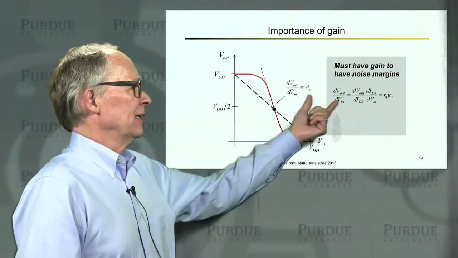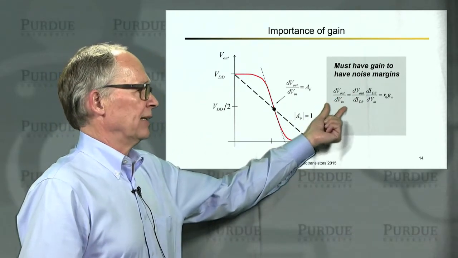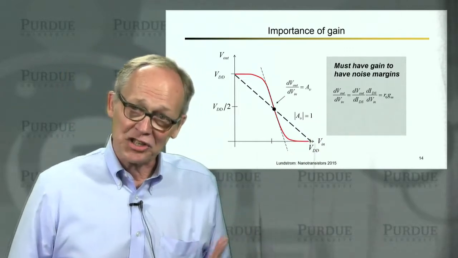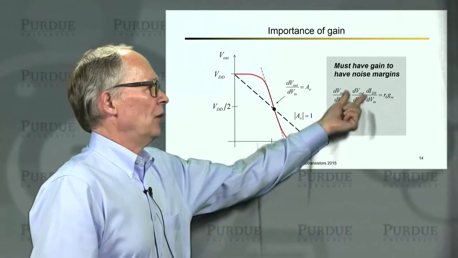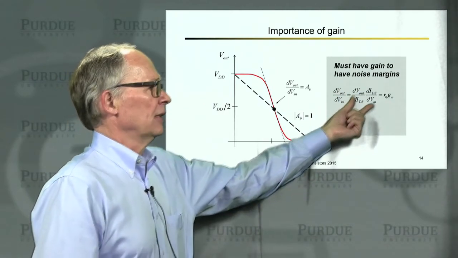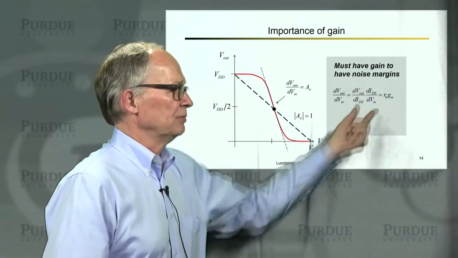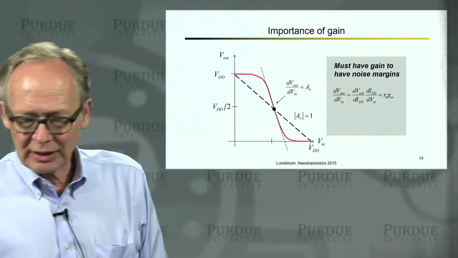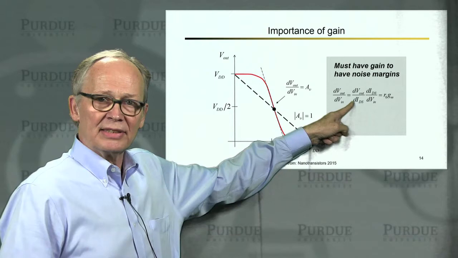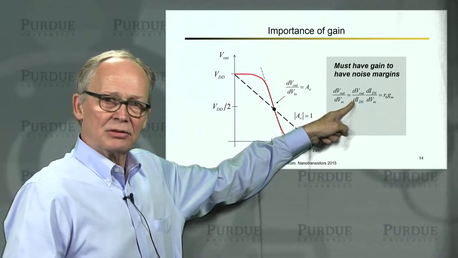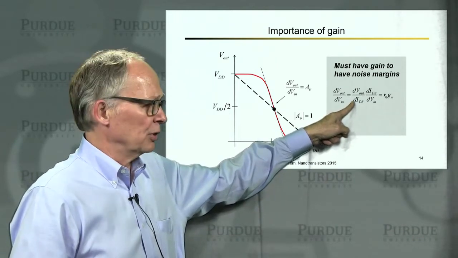Gain is just delta V out divided by delta V in. I can use my chain rule from calculus, and I can write that as dV out over d drain to source current, times d drain to source current over dV in. Now if you look at that, the first term, that's what we call the output resistance of the transistor. That's just the slope of the IV characteristic in the output regime.